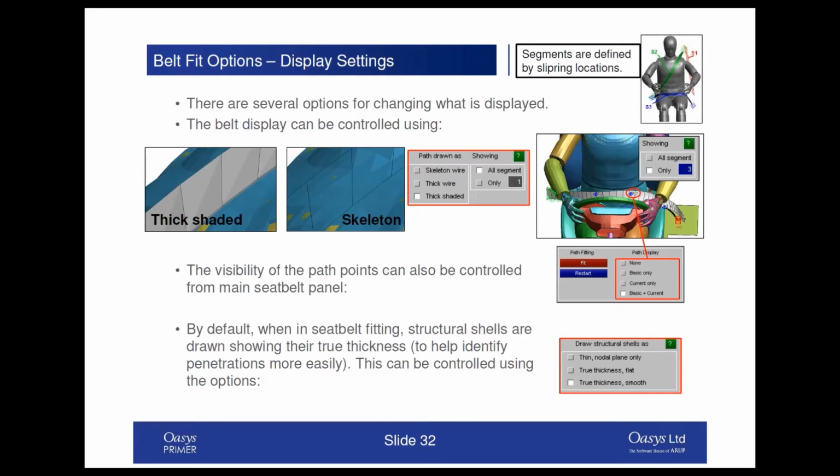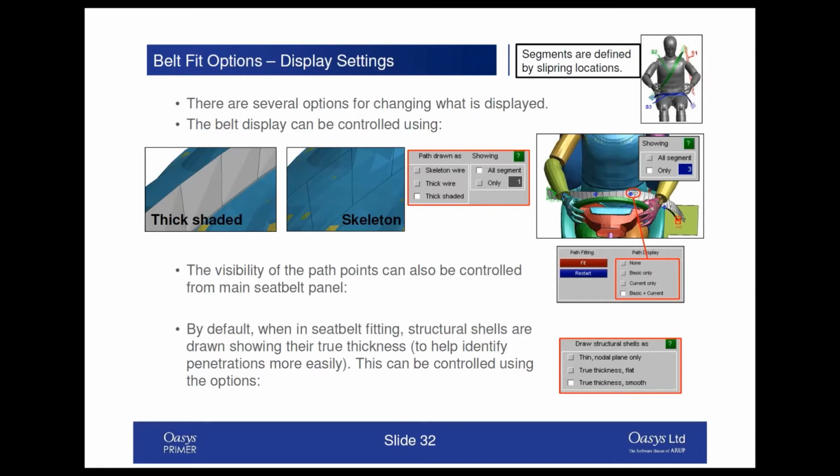And then also, we can display only a single segment of belt at a time. And what we mean by segments is shown in the little picture at the top right there. So it's stretches of belt from the ends and between slip rings or acute point types. So for our adult, we would have 3 segments.